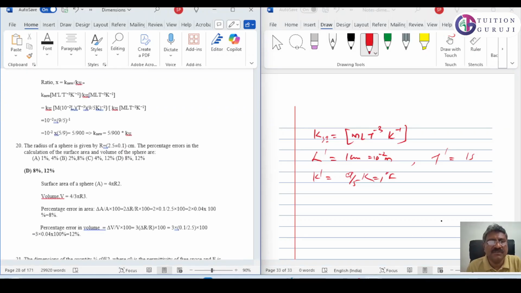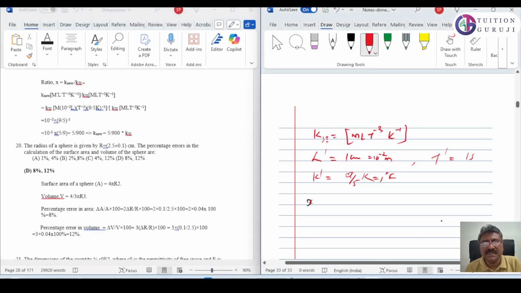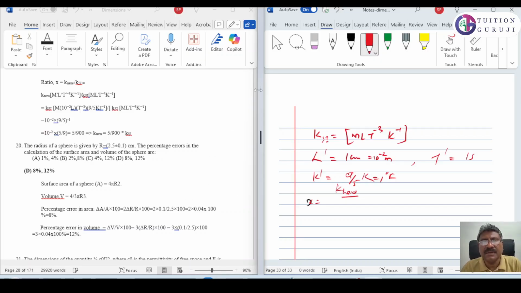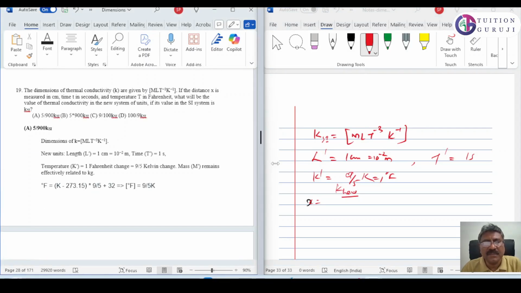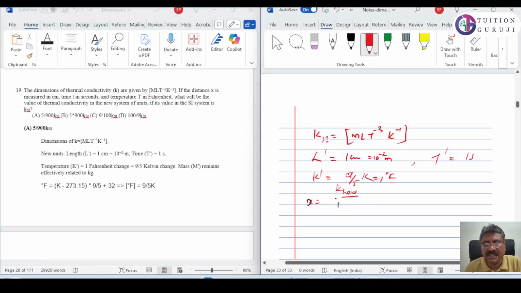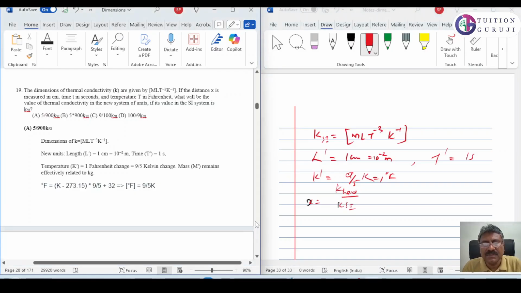Let's find out the ratio first. Let K nu be the new thermal conductivity in the new units, and the old one is K_SI. So we'll find the ratio of both.